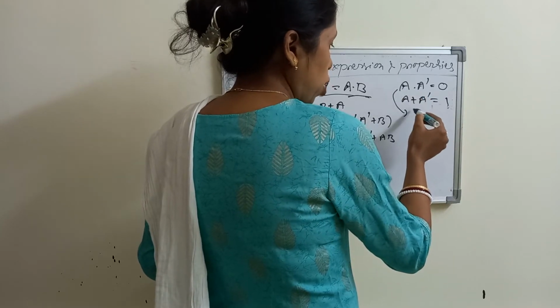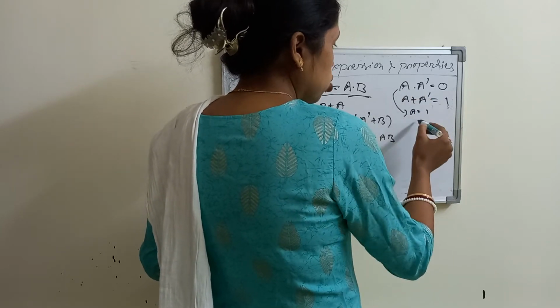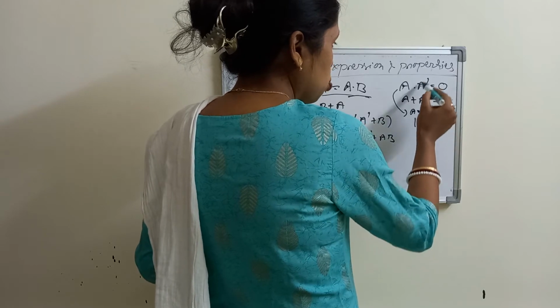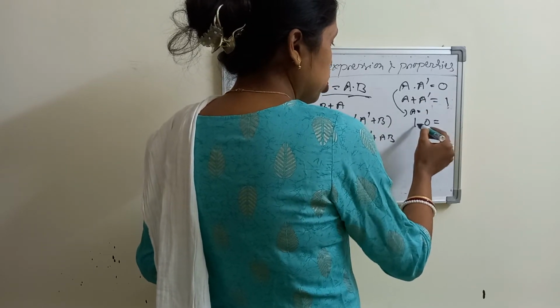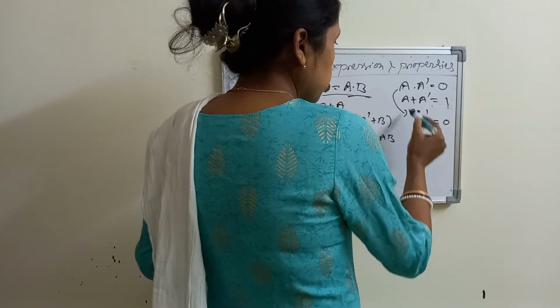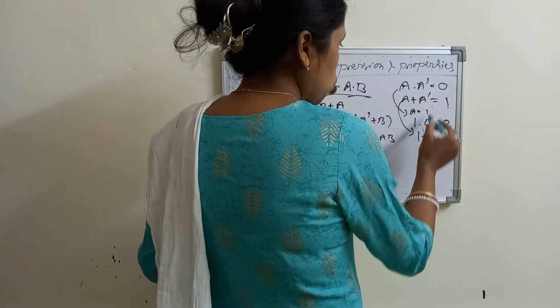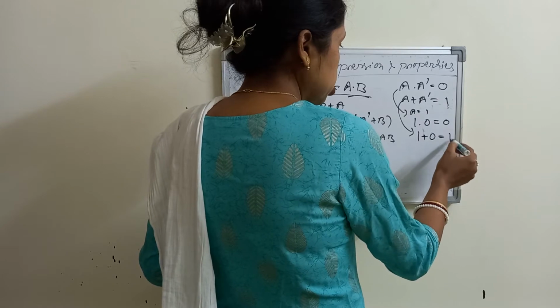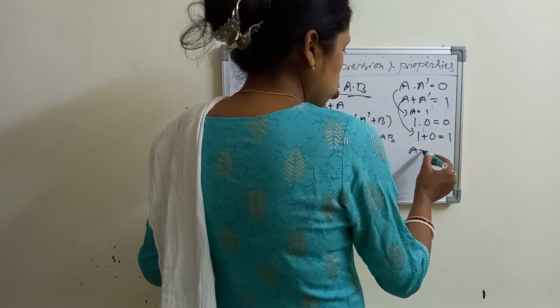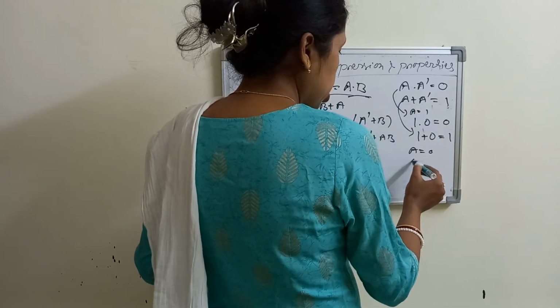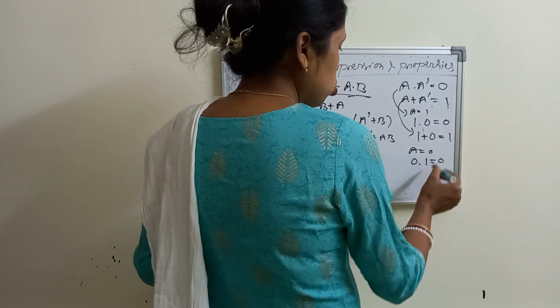Suppose A is 1. So here I am writing 1 dot complement of 1, which is 0. So 1 dot 0 is 0. Again, if you write A as 1 in the other equation, 1 plus complement of 1 is 0, and 1 plus 0 is 1. Suppose A is equal to 0. If you put this formula, 0 dot 1 is equal to 0.